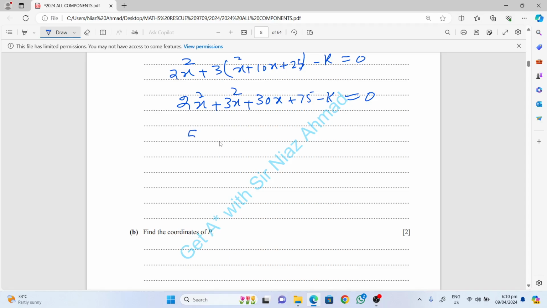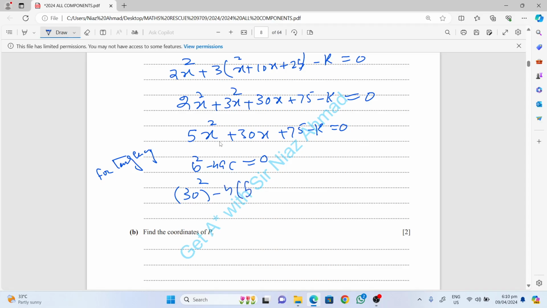So it is now 5x squared plus 30x plus 75 minus k equals 0. For tangency, b squared minus 4ac equals 0. So b is 30, a is 5, and c is 75 minus k.